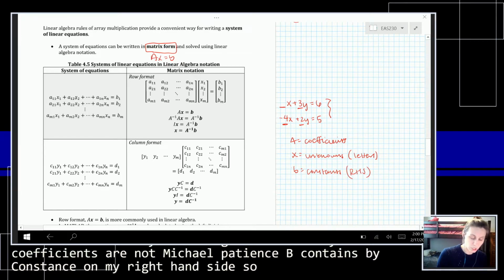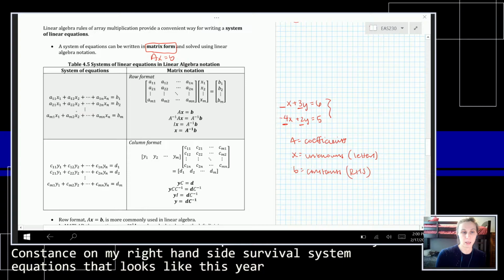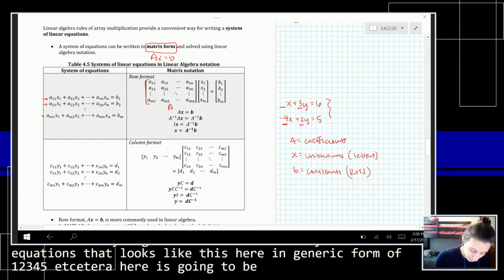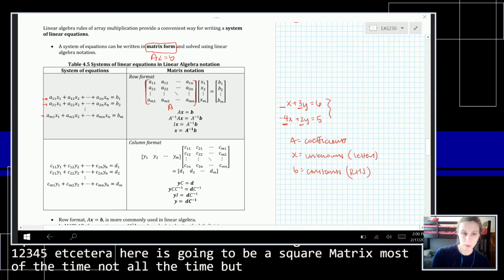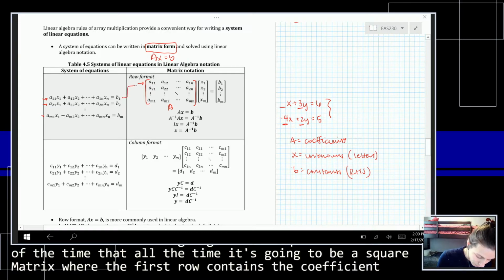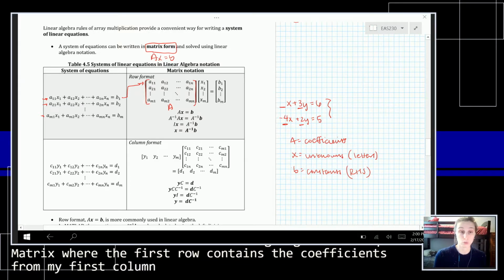So if I have a system of equations that looks like this here in generic form, here's equation 1, 2, 3, 4, 5, etc. A here is going to be a square matrix, most of the time, not all the time, where the first row contains the coefficients from my first equation.